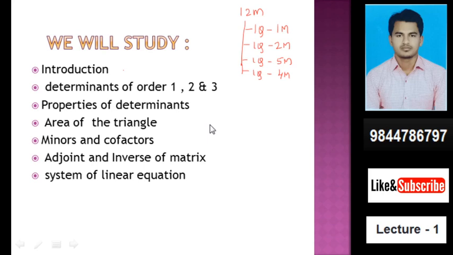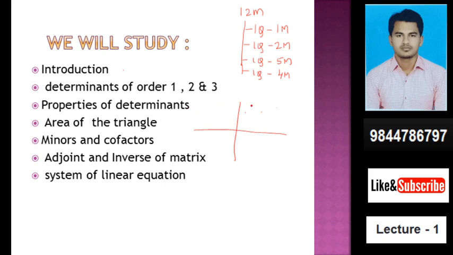So what is the use in our day-to-day life? Generally, we know that in two-dimensional geometry there is a coordinate system. If they have given 3 points, we need to verify whether these 3 points are collinear or not with the help of determinants.